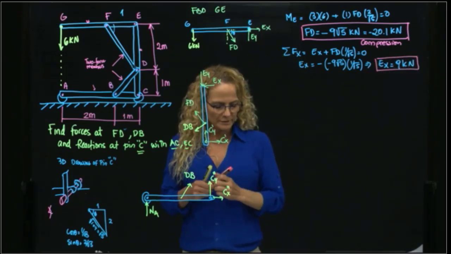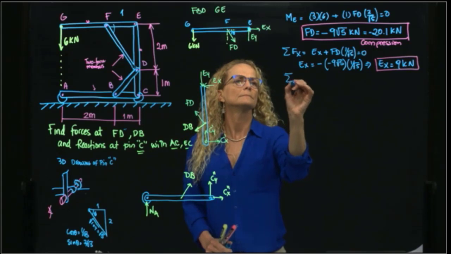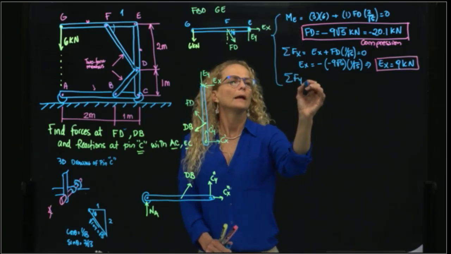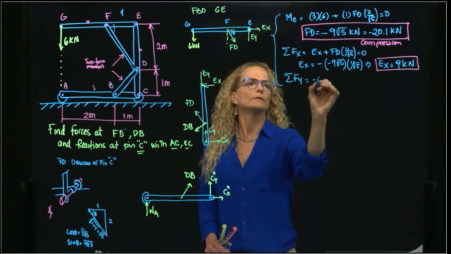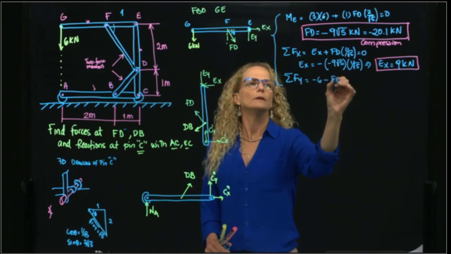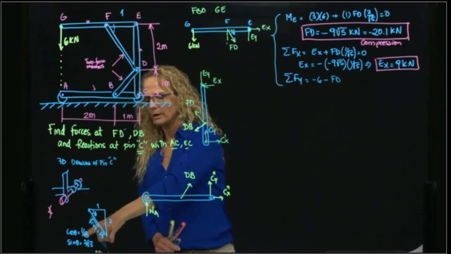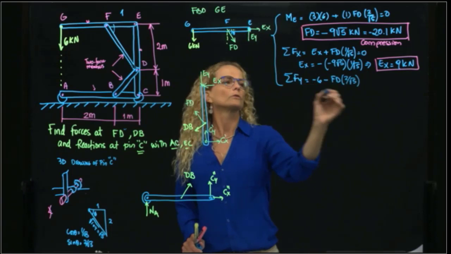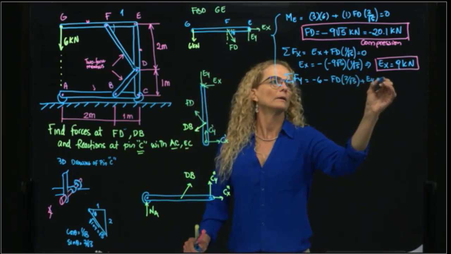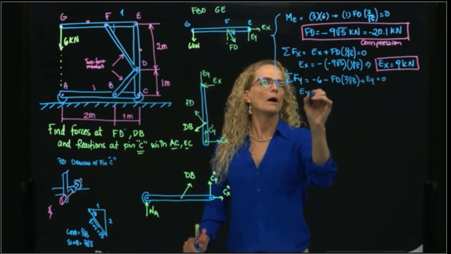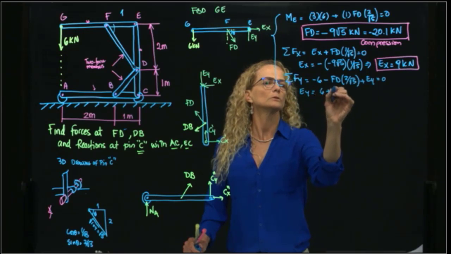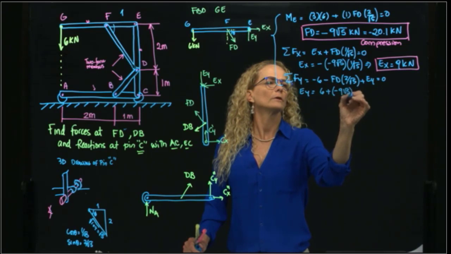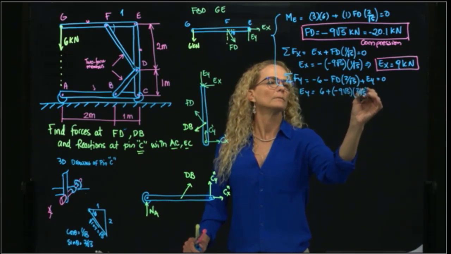And then I add forces in Y. I'm still in this free body diagram, right? I got forces in Y. I have negative 6, negative FD sine of theta, which is 2 over square root of 5, plus EY equals 0. From here, EY will be equal to 6 plus, minus, right, 9 square root of 5 times 2 over 5.